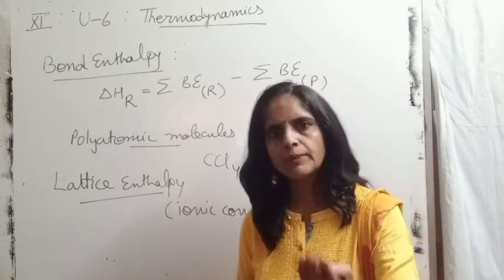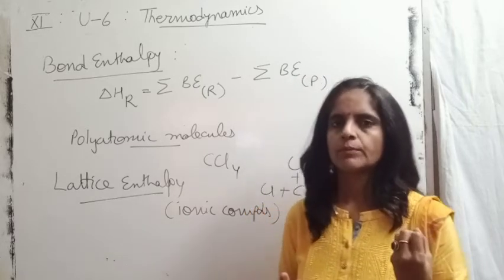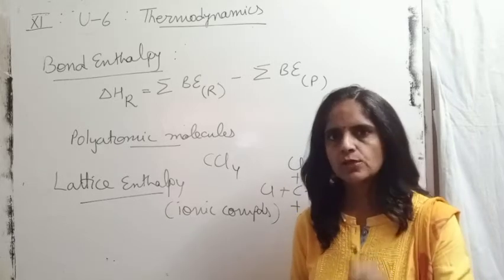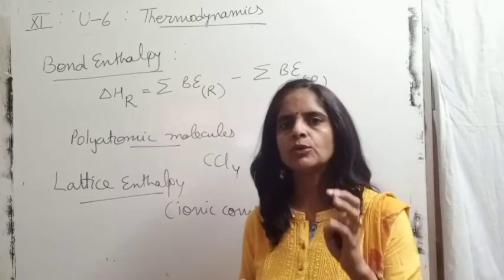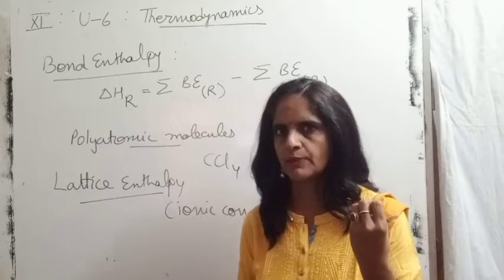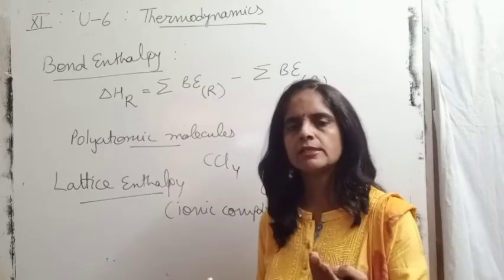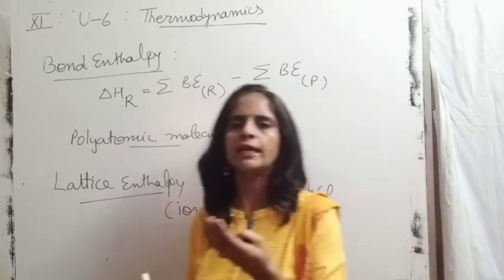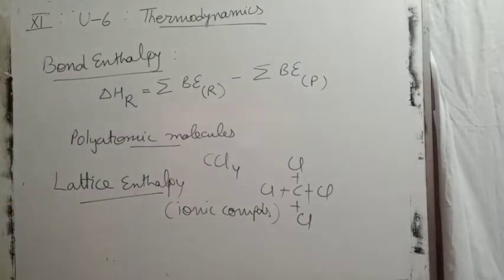If you are using the term breaking, then use energy absorbed, because formation is an exothermic process and dissociation is an endothermic process. So when I am saying amount of energy released, it means formation is taking place. So I define that the amount of energy released during the formation of 1 mole of an ionic compound is termed as lattice enthalpy.